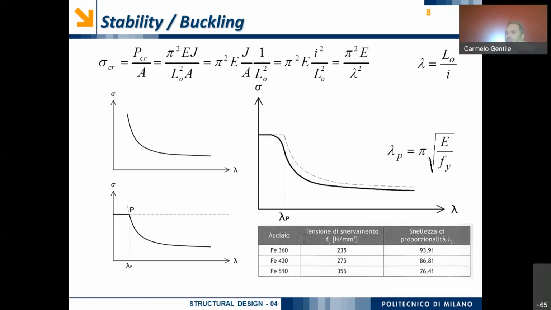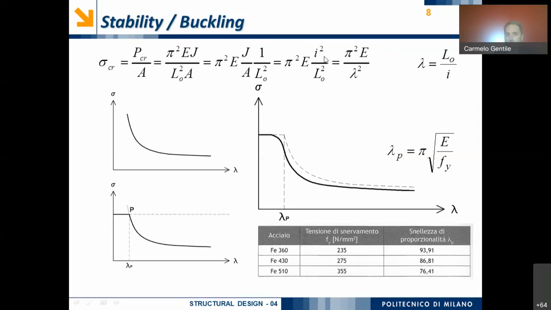So this ratio i squared over L0 squared is made by two terms.